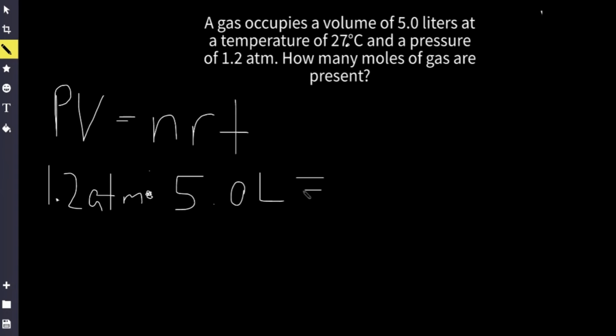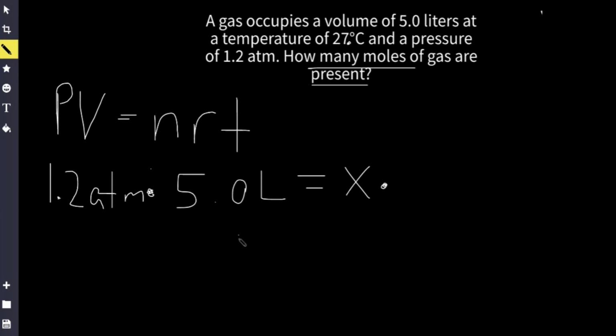We know that's going to be equal to the amount of moles of gas. Well, we're trying to solve for that, right? So let's call that X times the ideal gas constant.